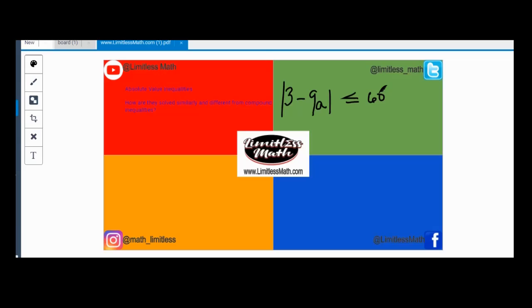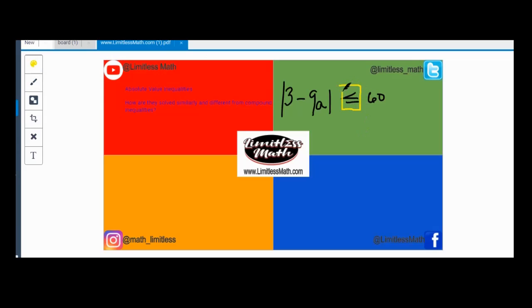But we do need to make sure that we are able to determine when we use and versus when we use or. So our symbol, the direction of our inequality, tells us everything we need to know. So let's highlight that.